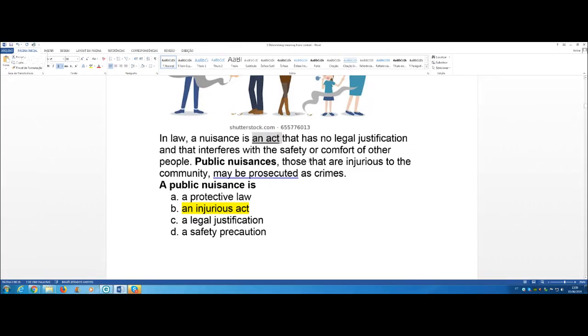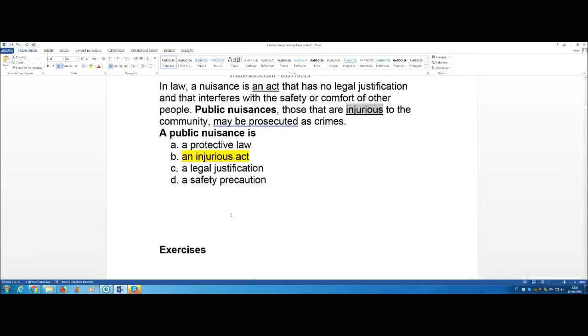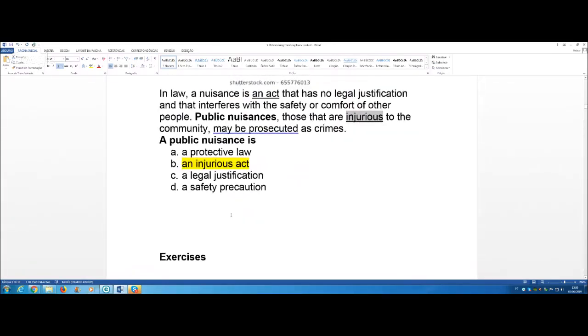And this is a relative clause explaining the word. So you know that it's an act and you know they're injurious. Those are the two techniques, the relative clause and after the verb to be. Great job. So there are the two kinds of exercise they will give you.